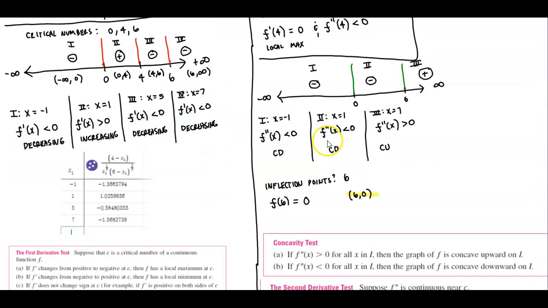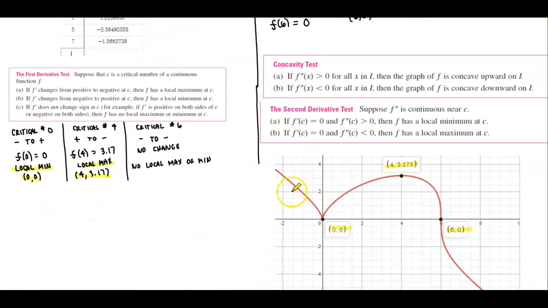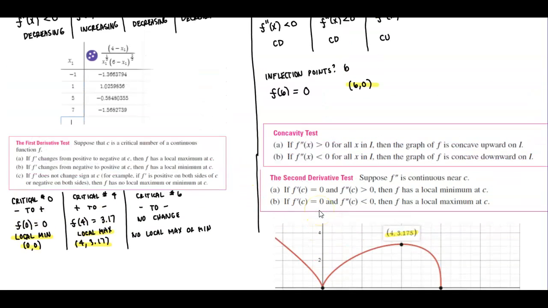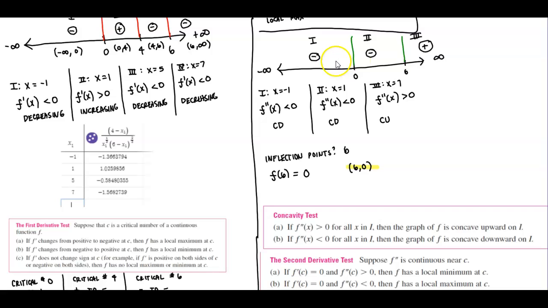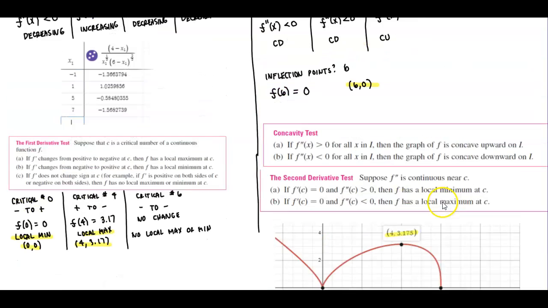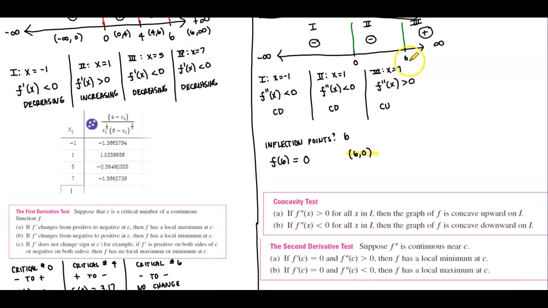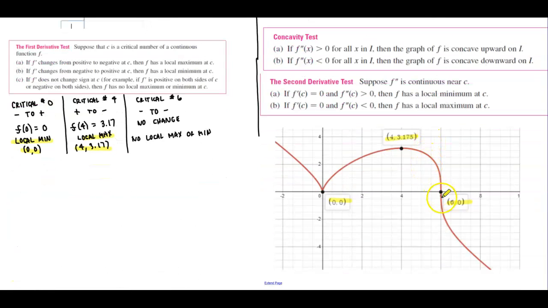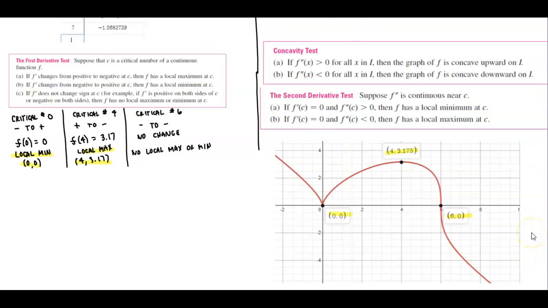Notice that from -infinity to 0, it's concave down. And then it's also concave down from 0 to 6. And then from 6 to +infinity, we can see it turns concave up. And that concludes this problem.